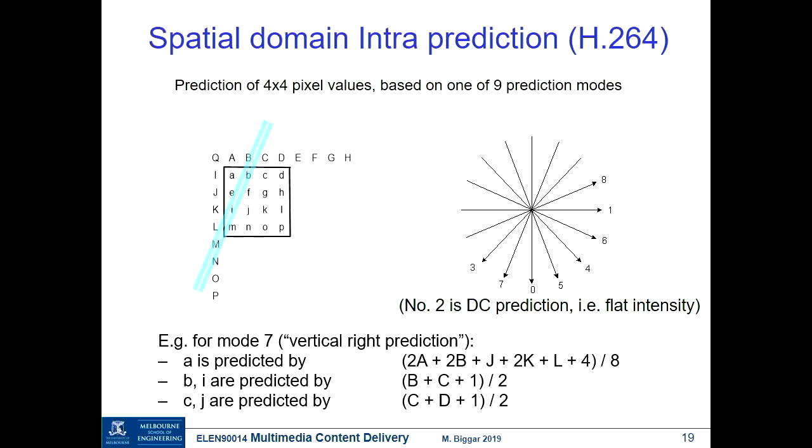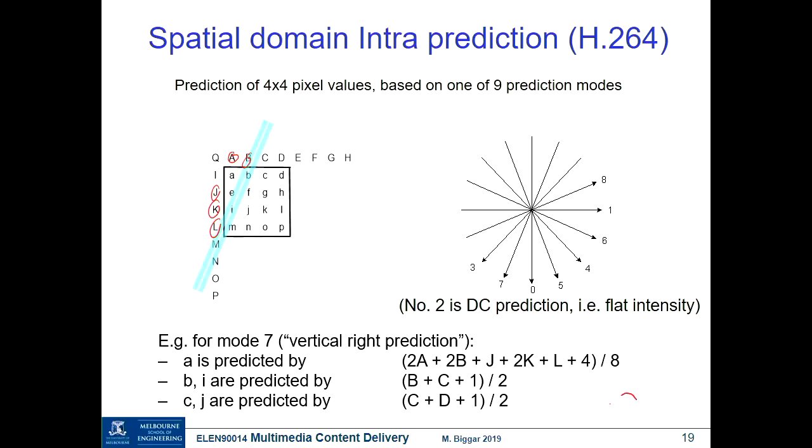But if you expected structure in that diagonal, that vertical right prediction as they call it, mode 7, then you would expect that pixel A could best be predicted not by simply using, say, its closest neighbours A and capital I, but it would be better to have some sort of a combination of capital A, capital B, JKL, and actually leaving out I. Right?